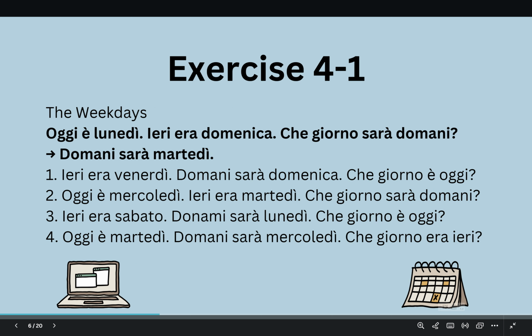Now let's practice the application of the 7 days of the week in Italian. Now let's look at exercise 4-1. Consider the following example. Oggi è lunedì.